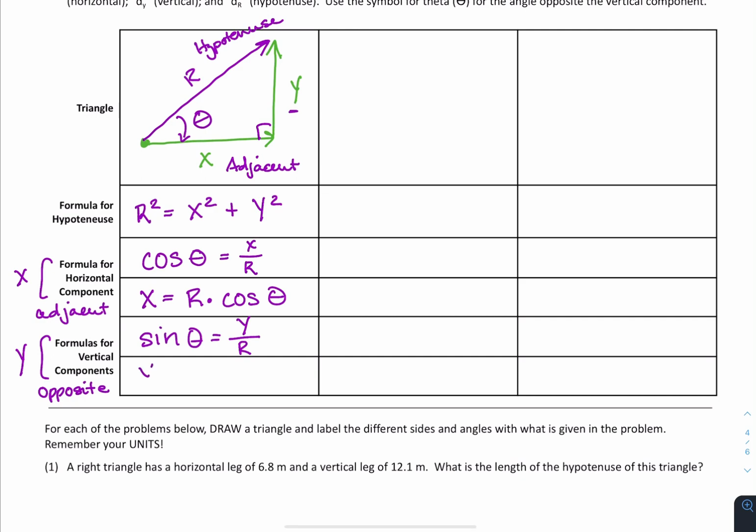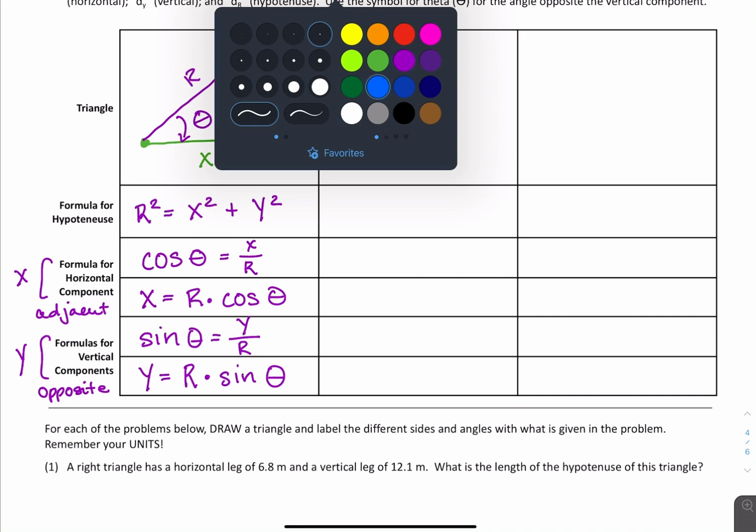Again, we usually rearrange this so that we have y equals r times the sine of theta. We like to set these up so that the opposite is always y and the adjacent is always x. So when I ask you to practice drawing your triangles, that's part of what I want you to do. Get used to drawing these in a set way so that these formulas always hold for you.